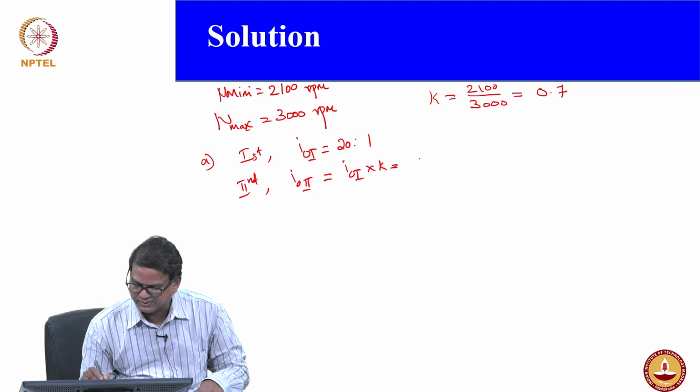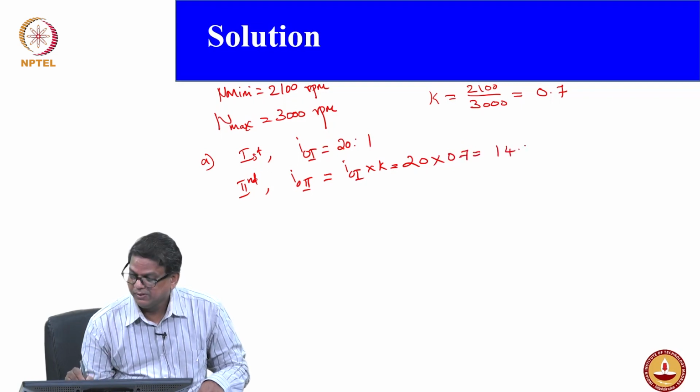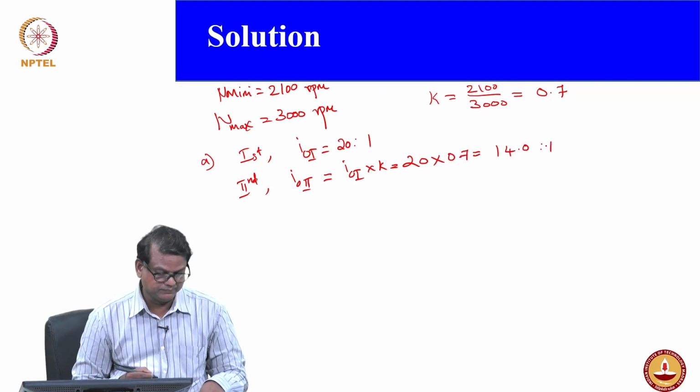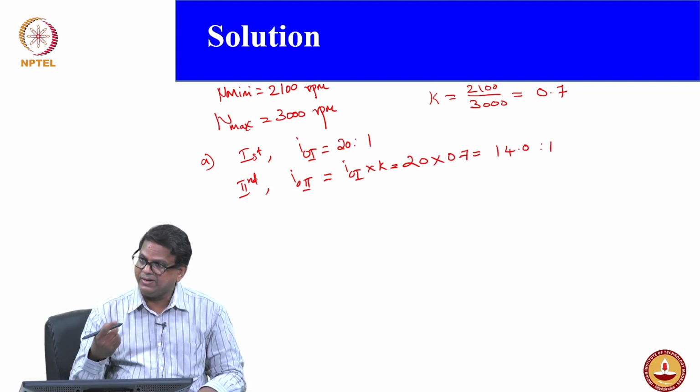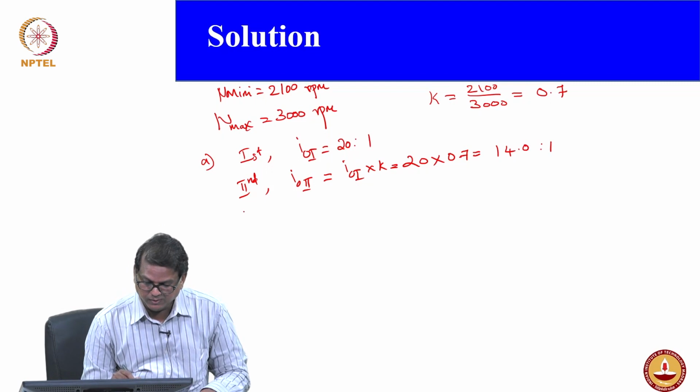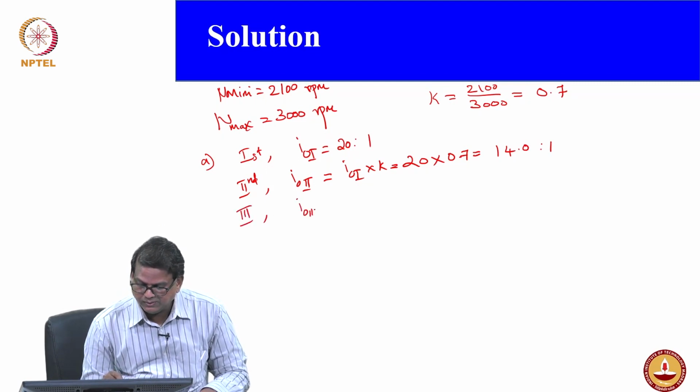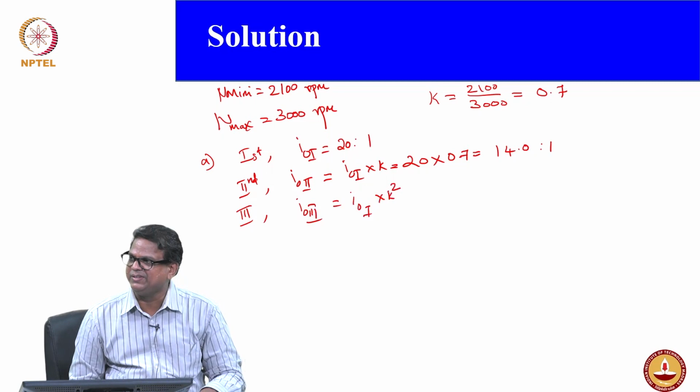Already we know what is the K. IO1 is 20, K equal to 0.7, that should give me 14:1 for second overall ratio. Now, when we do for third, IO3, this should be IO1 into K square, isn't it?